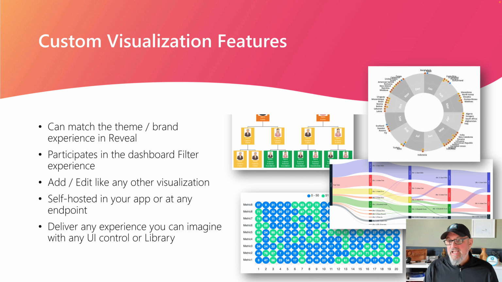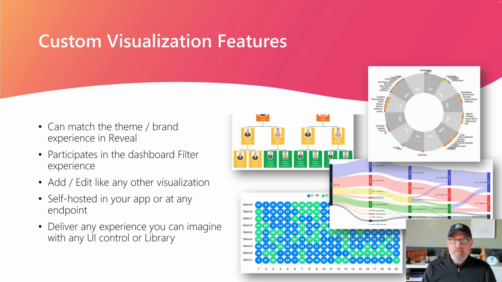So the features you get are you can match the brand and theming of your application. Because you have full control over the Reveal theming and branding, you can apply that same theming and branding to your custom component. So we're not limiting you there. The nice thing is when you add a new visualization, you're still using the same visualization editor as if it was a native component. So you're dragging fields in, your visualization is appearing there in the visualization editor.